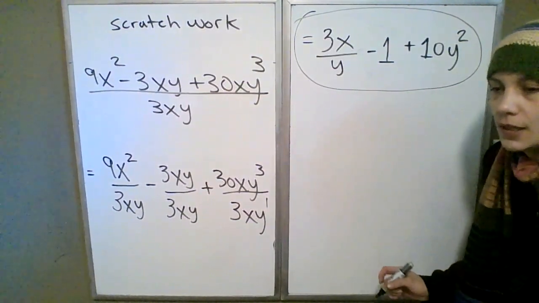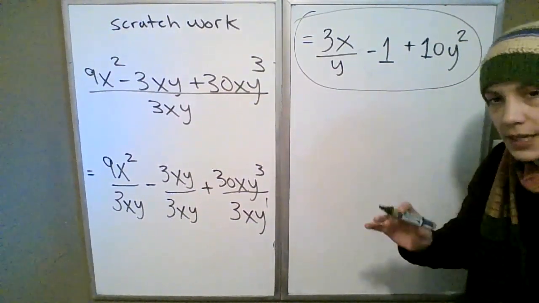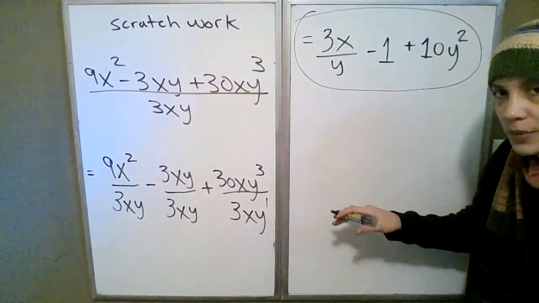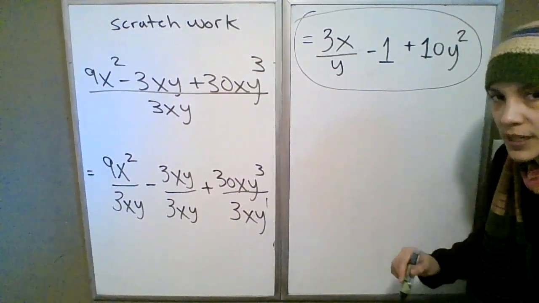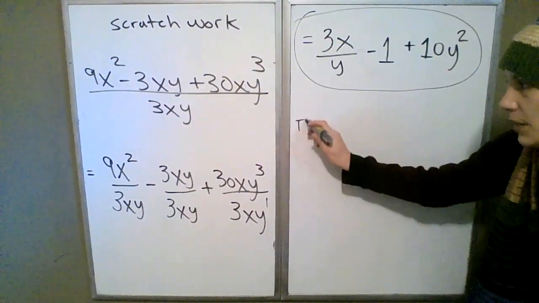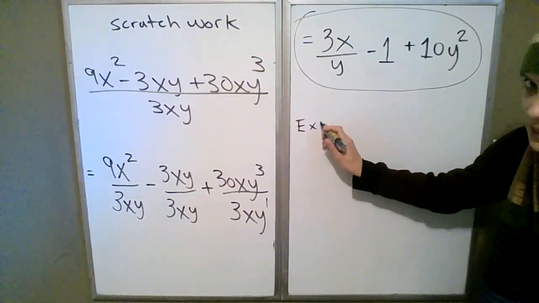Okay, so this, again, I'm doing kind of a little of each problem. If we have time, we can go back and do more examples. But I want to go on to factoring.